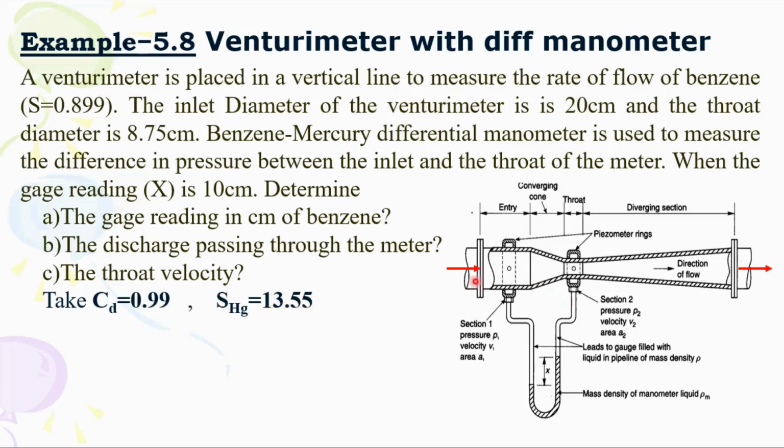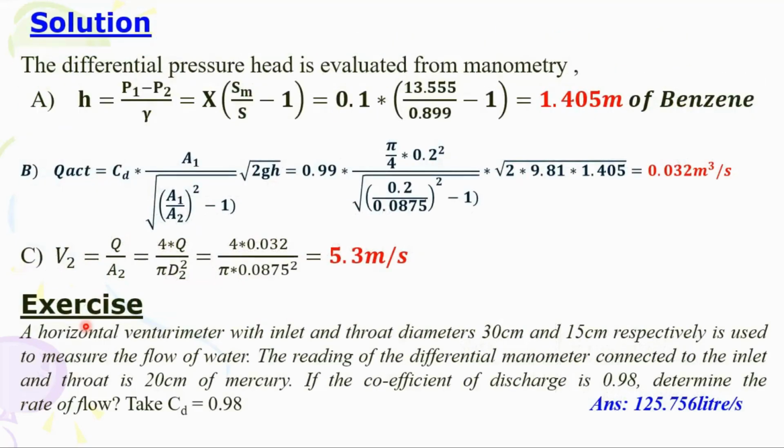When the fluid is going through this venturimeter, you will have some displacement X. This displacement X, with mass density of manometer liquid, you have X as 10 centimeter. So what will be the result? Let us see. The solution is clear. The differential pressure here is evaluated from manometry from this equation.